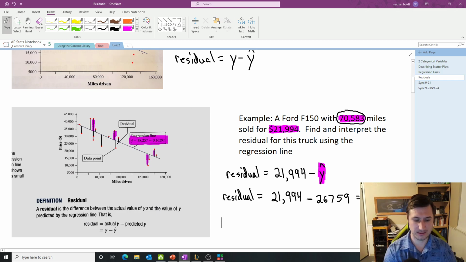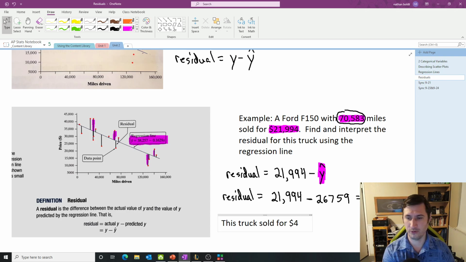That means this truck sold for $4,765 less, because that residual is negative, it's underneath the regression line.